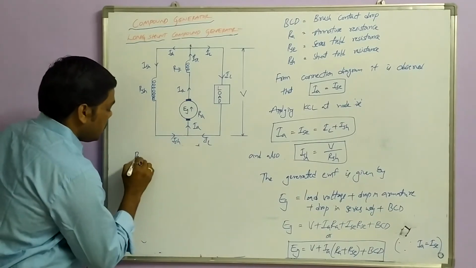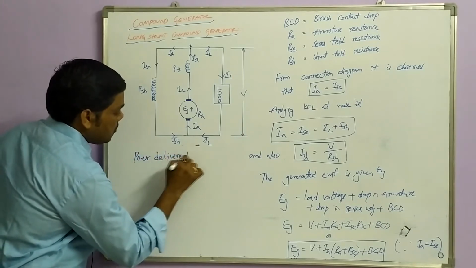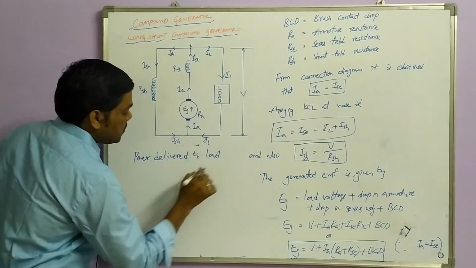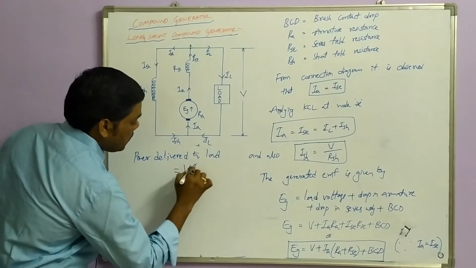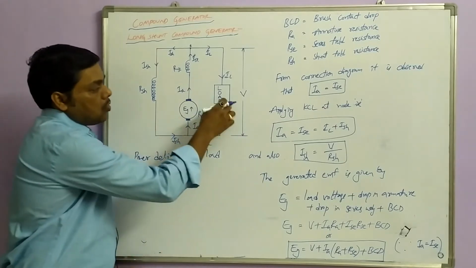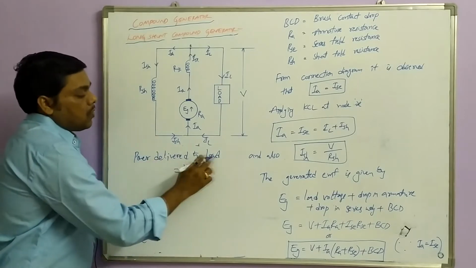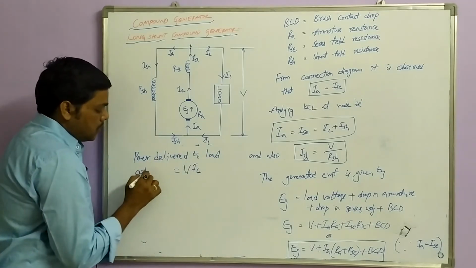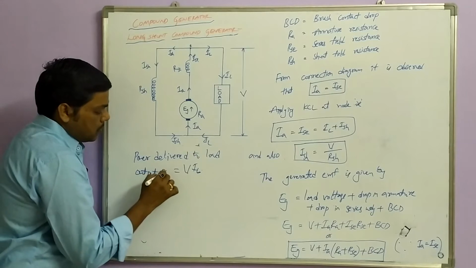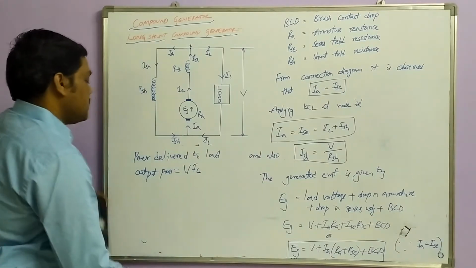Power delivered to the load is equal to V into IL. This is the load voltage and load current, which gives the power delivered to the load, nothing but the output power.